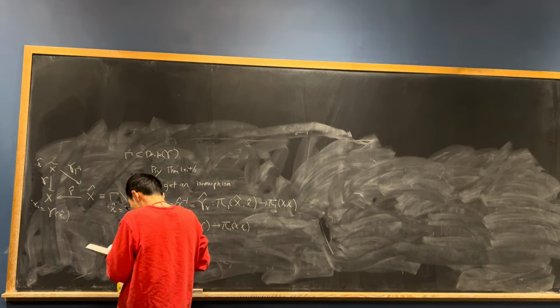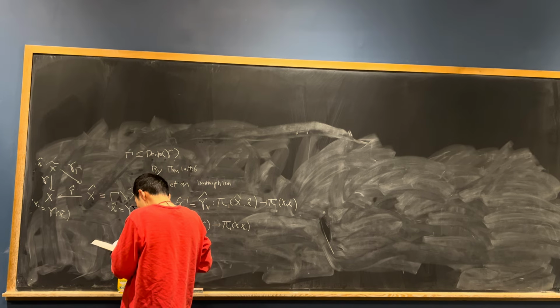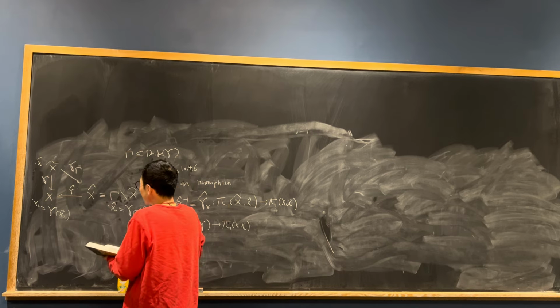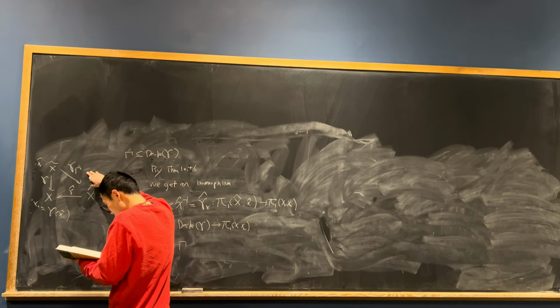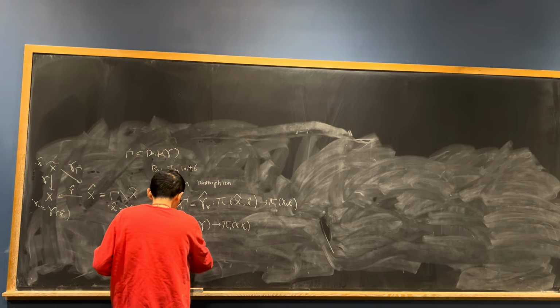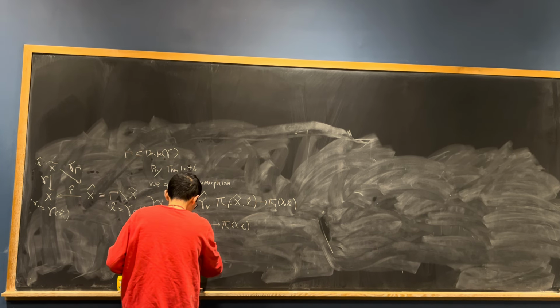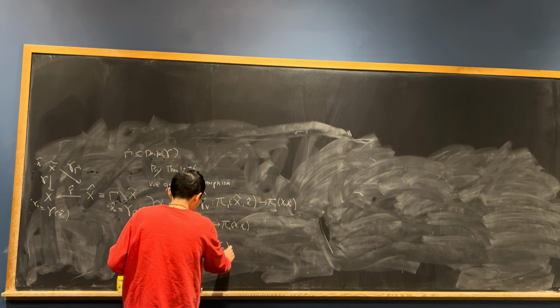And then the deck transformation group of this covering is exactly the subgroup that we pick. So here this is equal to the deck transformation group of this universal covering.